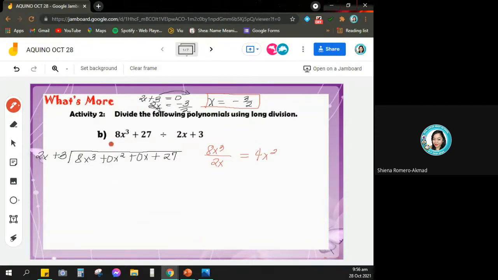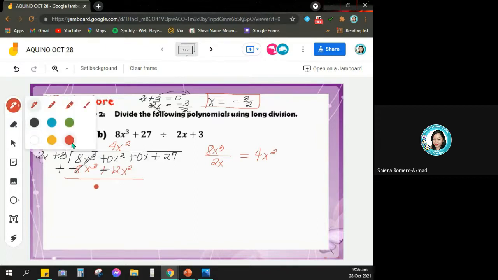So 4x squared. 4x squared times 2x is 8x cubed. 4x squared times 3 is positive 12x squared. Next is to subtract. So pag nag-subtract na tayo, change the sign. So magiging minus na to, ito magiging negative. Then proceed to addition. So this will be 0. Ito ay positive 12x squared pa rin.